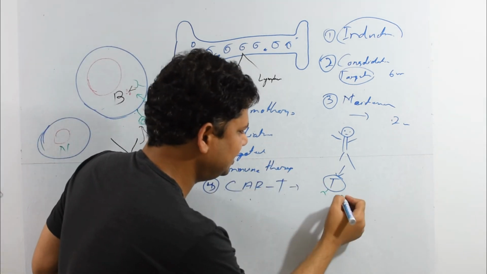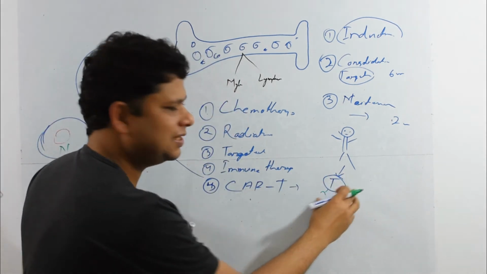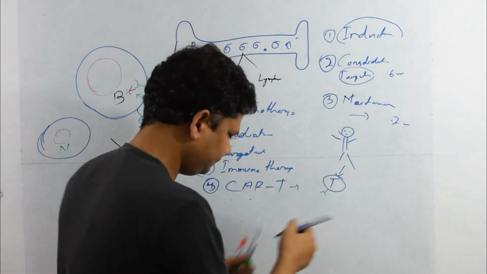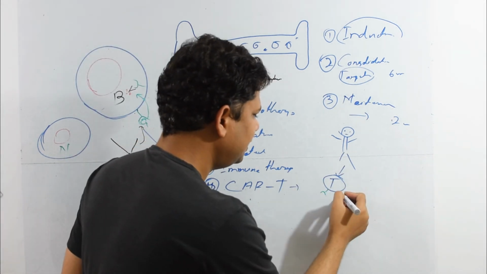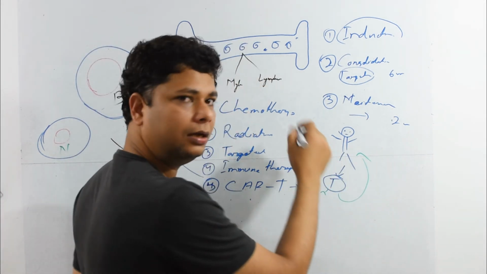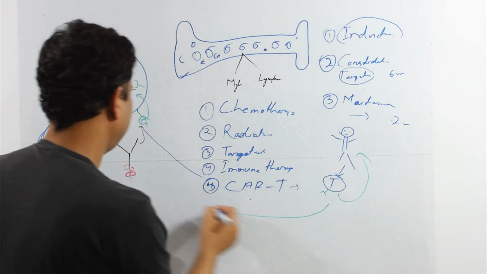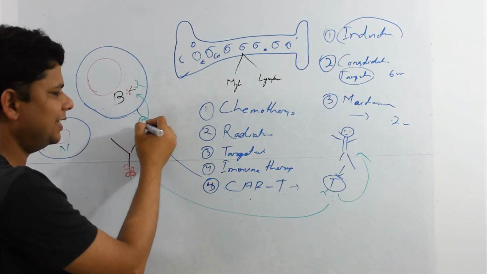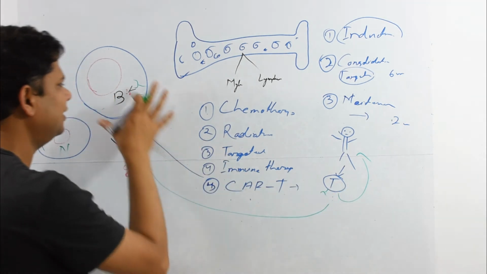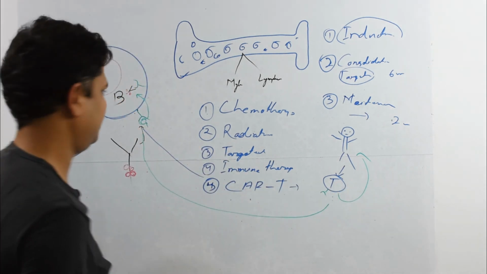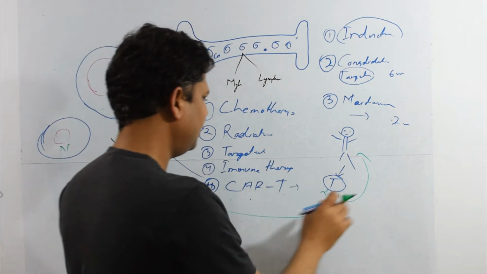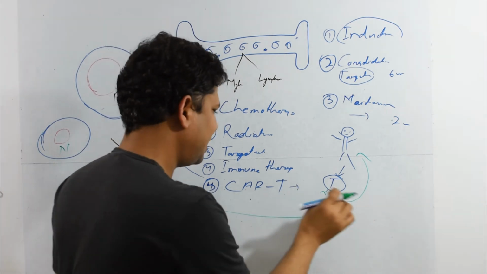After engineering, these T cells are grown in number, and then they are injected back into the patient, and these T cells will detect these leukemic cells, and after detecting, they will kill these leukemic cells. So this is the basic principle of CAR T cell.